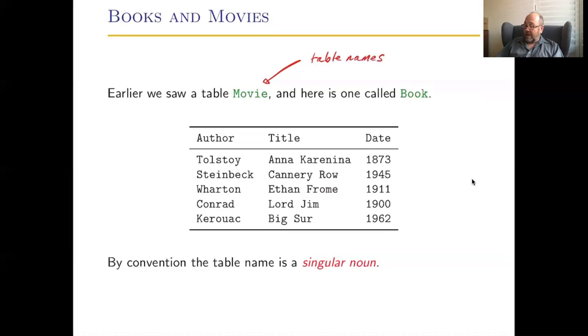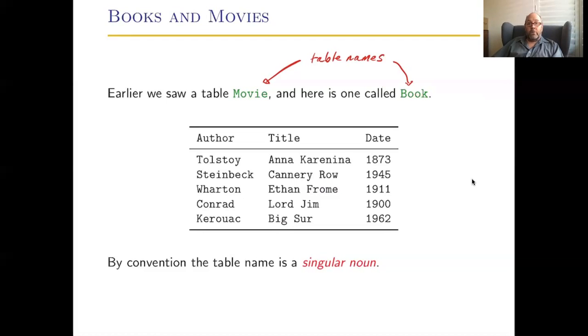It's easy to get confused between the names of tables, the names of columns, and so forth. But if I can stick to this convention, then whenever you see something in typewriter font and in green, and in particular, if it's the singular noun for some class of objects, then you'll know that it's meant to be a table. Here's my book table.